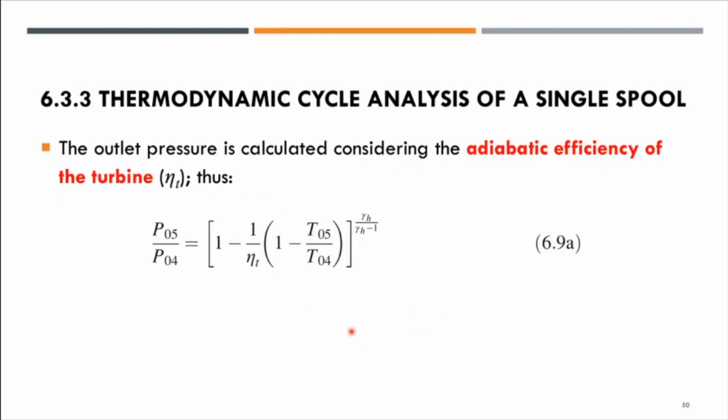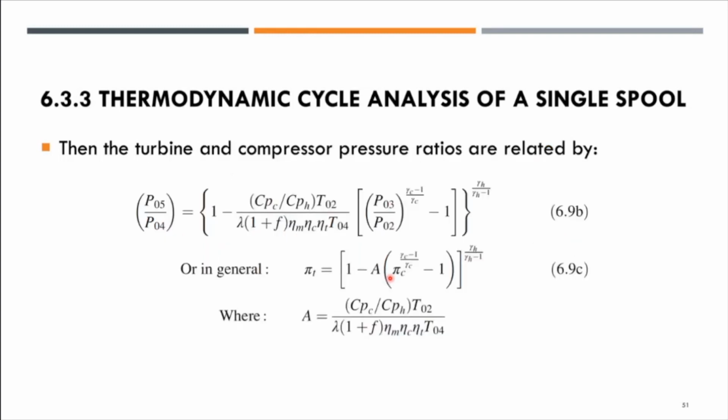The outlet pressure is calculated considering the adiabatic efficiency of the turbine, zeta T. Inserting the adiabatic efficiency of the turbine, you will get the ratio of P05 over P04.